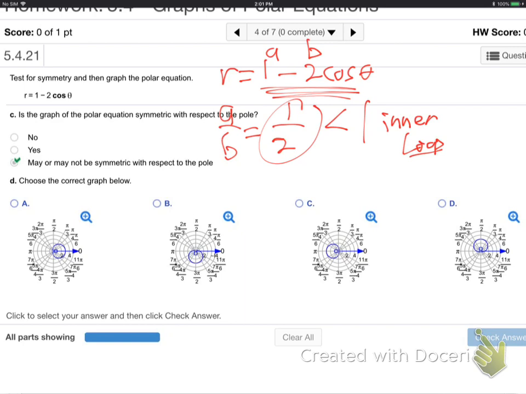Yeah, because of the negative, it's going to be left. If that was a positive in the middle, then it would be to the right. Does everybody see how this limaçon is left of the origin? Negative cosine is right, left, negative, left.